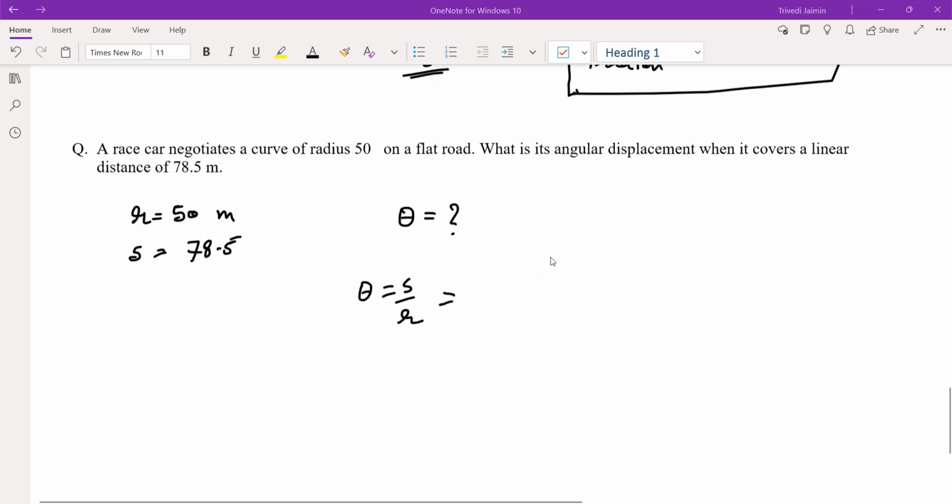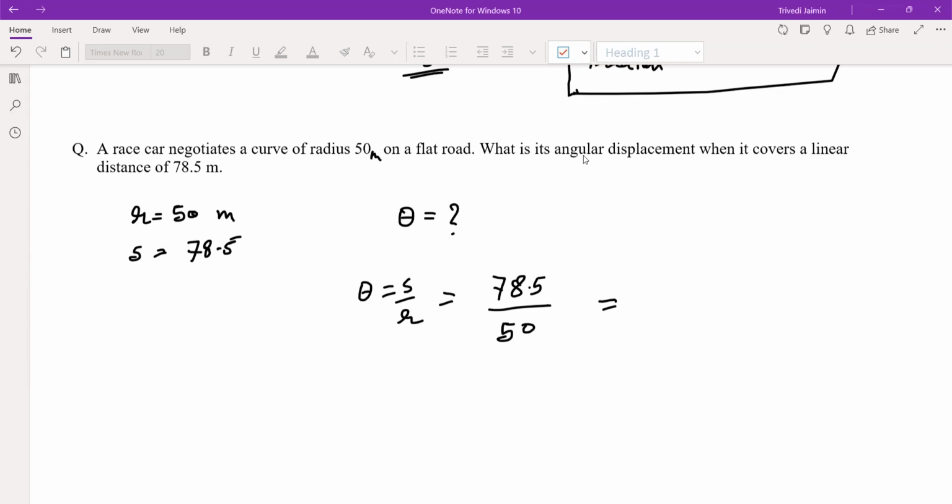Okay, then let me solve. 5 divided by 50, right? Sorry, I did it with 70, so I wrote 75.